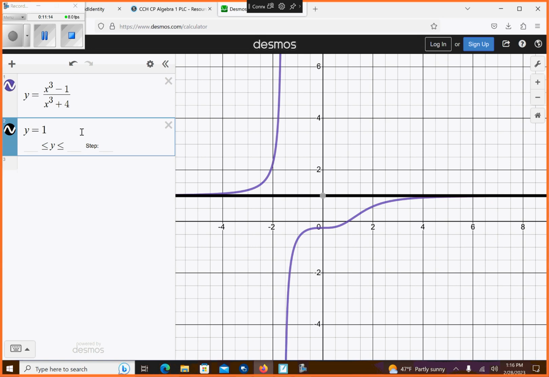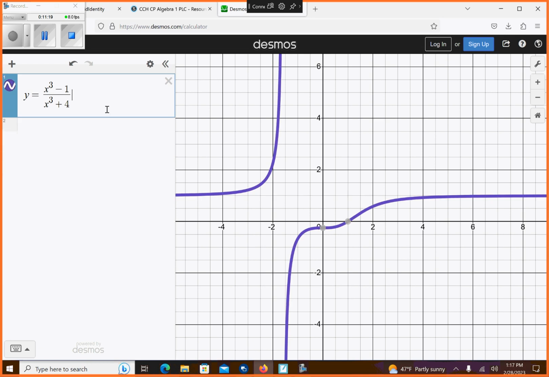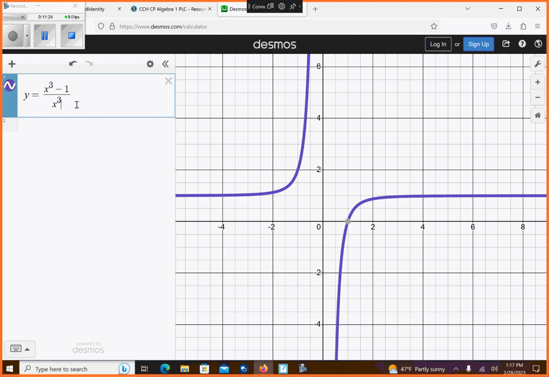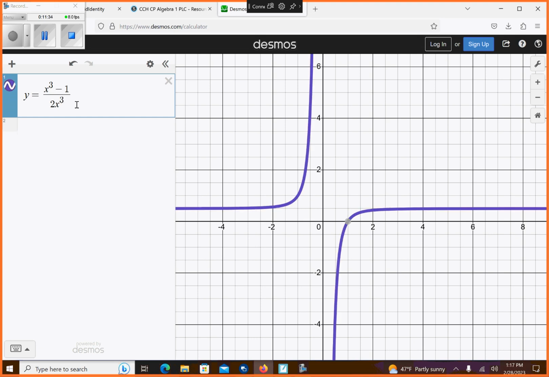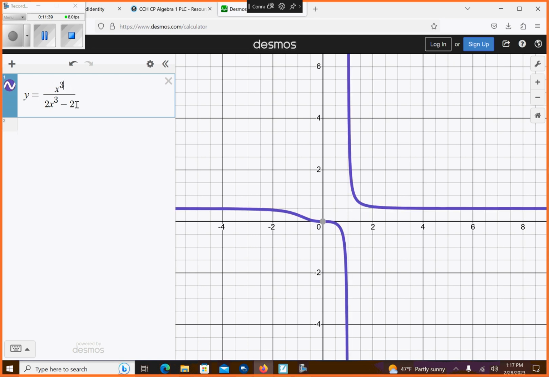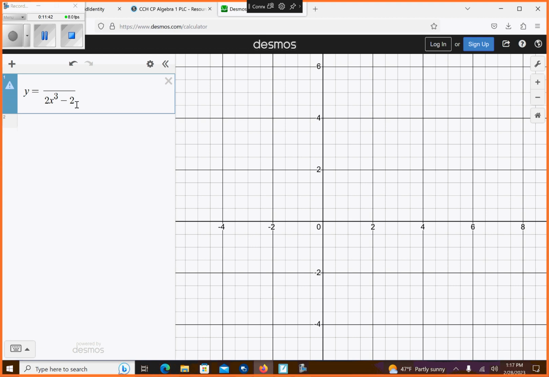And then as I go to negative infinity at the other one, 2x raised to the third on bottom minus 2, and on top, 5x to the third minus 4x.